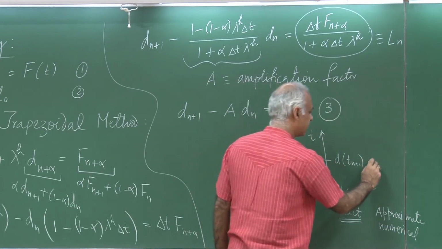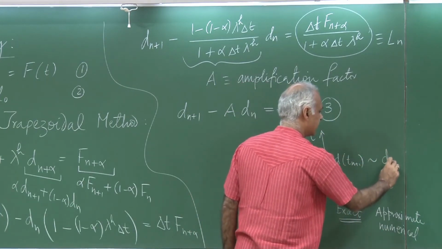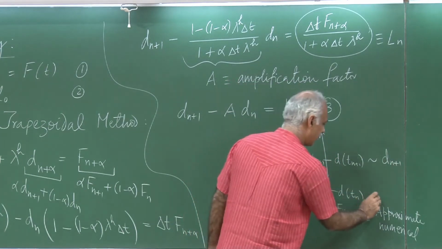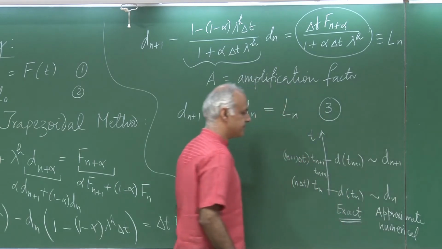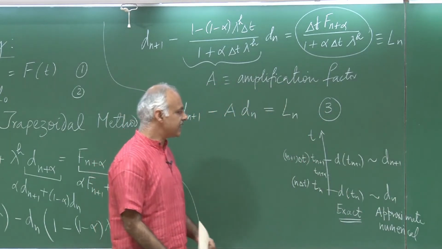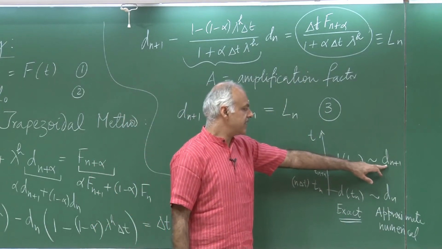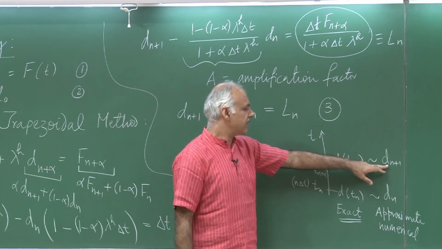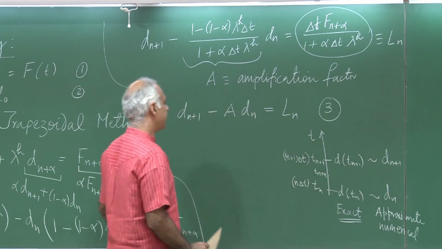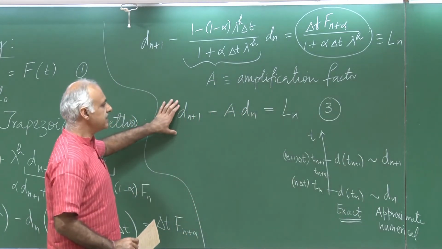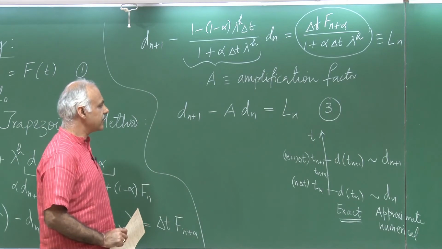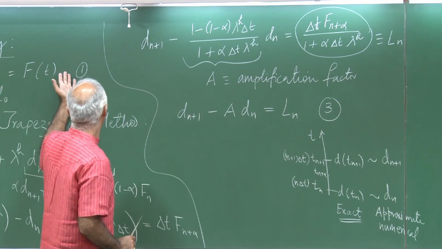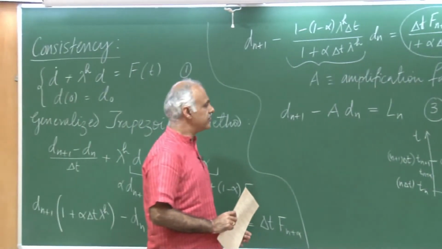I am saying this one is approximated as d_{n+1}, which I am going to compute, and likewise this is d_n. So, as you can see, there is going to be an error between the exact value and the numerical value. So, this equation is the algorithm. Equation 3 actually tells us a numerical algorithm to solve equations 1 and 2 which we have given earlier.